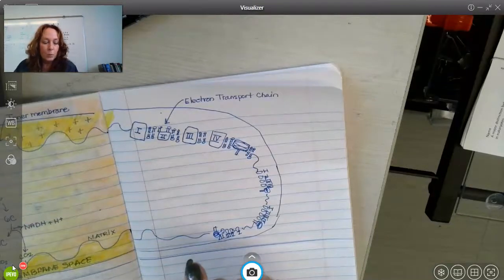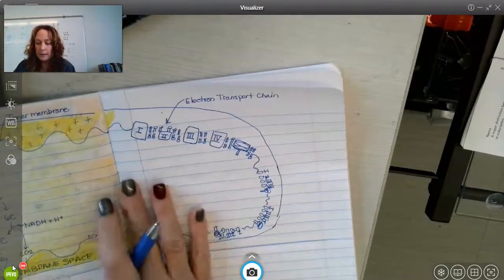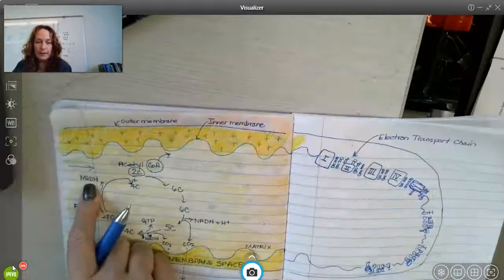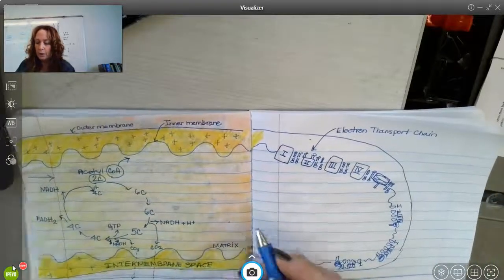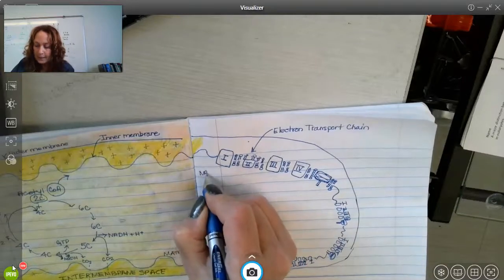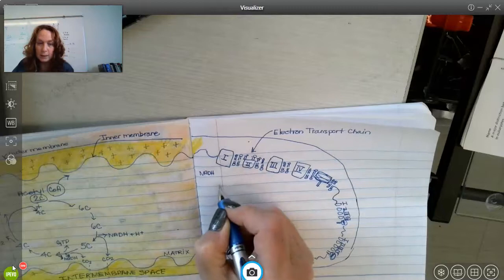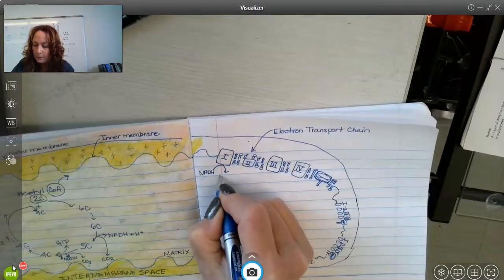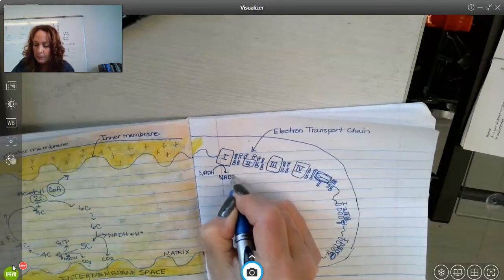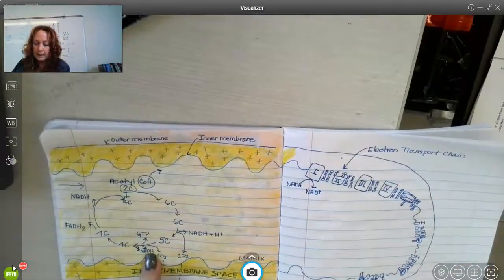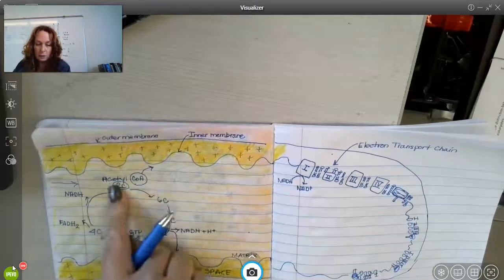So, the way that this works is we're going to have a parking space for NAD. So, NAD is going to come here, just like we drew before. So, NADH, because it has a full bus, it's carrying electrons, it'll park, drop its electrons off, become NAD plus, and then it's going to go back, and it can pick up electrons anywhere that we needed to have it as this continues to go.